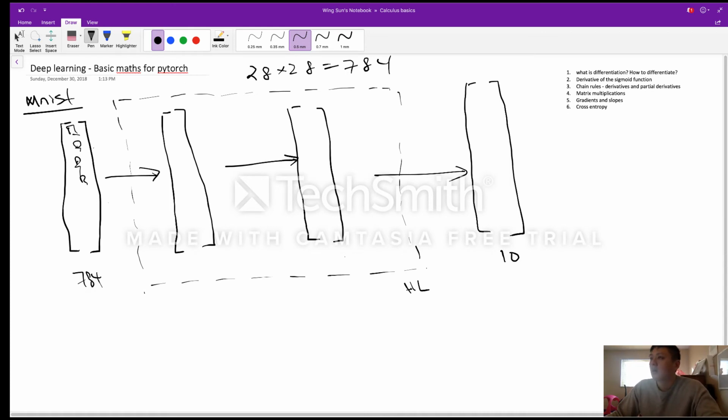Now, what about how many nodes? From what I learned from my research, the more nodes you put in, the more you force the model to detect more subtle features. For instance, if you have just two nodes right here, you're saying to the model, I want to detect just two major features of my image.